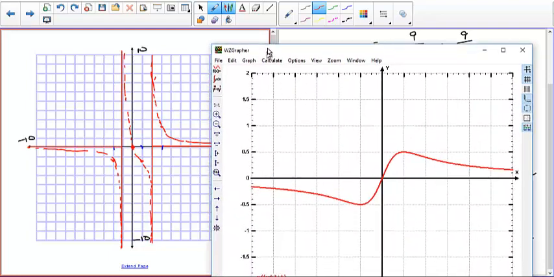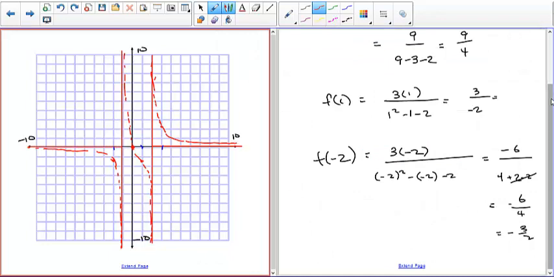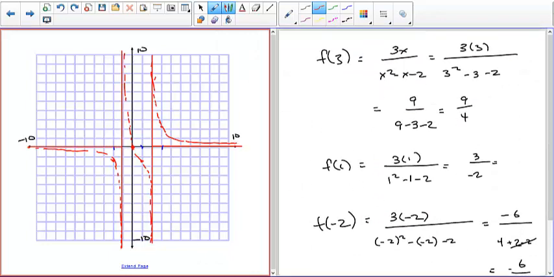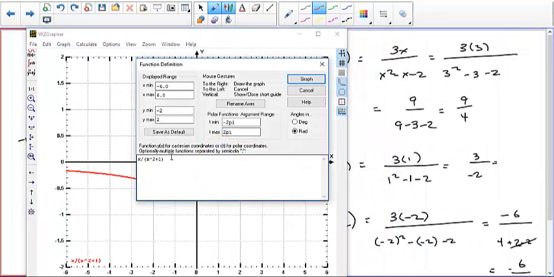Okay, so here's my equation, and I forgot what the function was already. There it is. So let's just move this out of the way so we can plot this thing. Okay, so you got 3x divided by x squared minus x minus 2, close parenthesis, graph this thing.